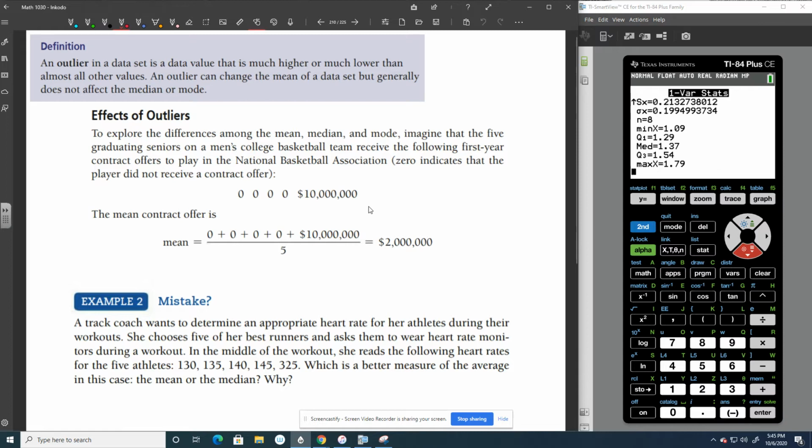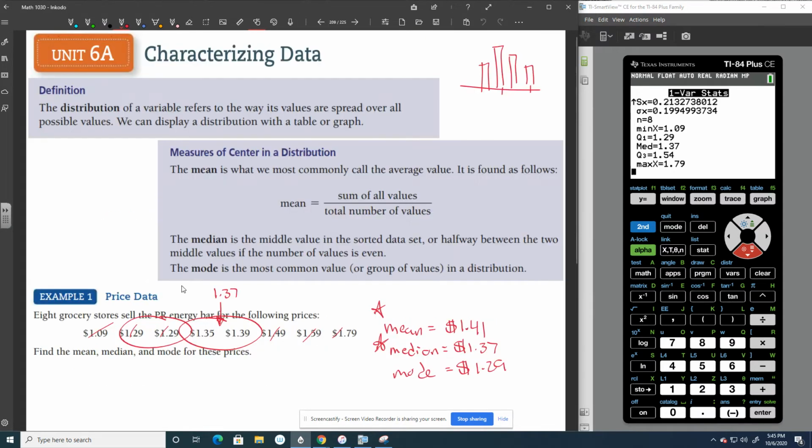Outliers. Here's what we need to be careful of. An outlier, remember, is a piece of data that doesn't fit within the normal range. Looking at the data so far that we've used with these energy bars, the range goes from $1.09 up to $1.79. An outlier would be, let's say one store was selling this for 50 cents, which is way far from what the normal prices look like.